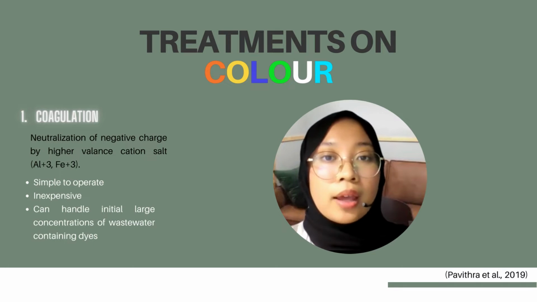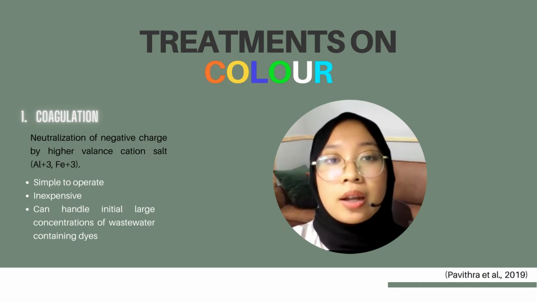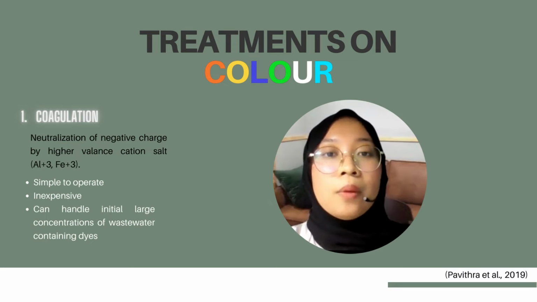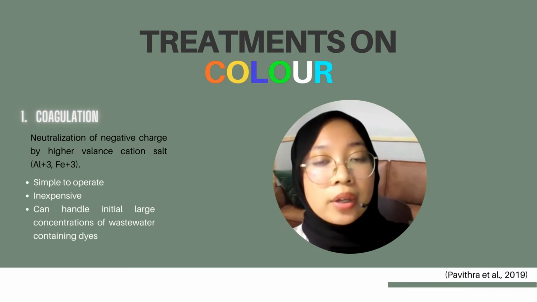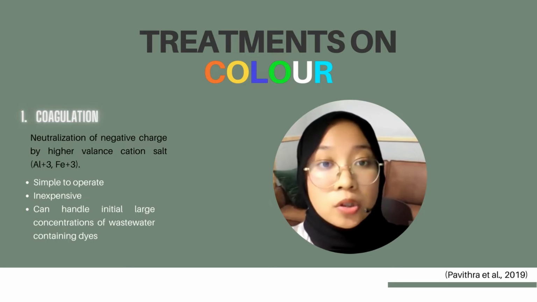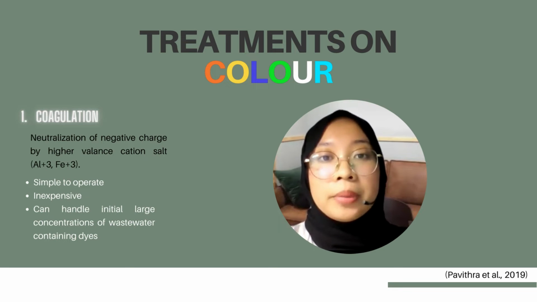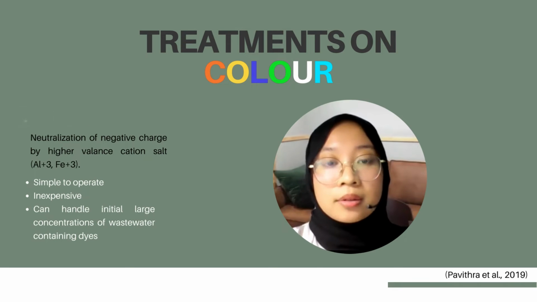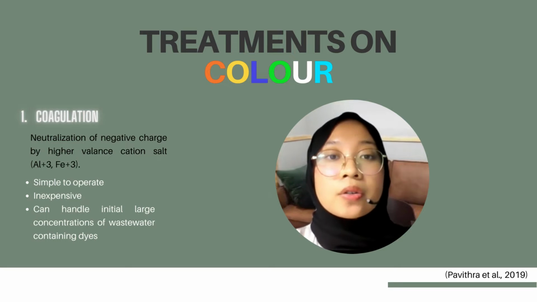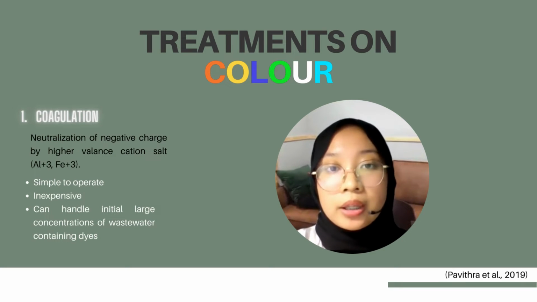So the coagulant additives or chemicals that are usually mentioned and utilized in journals include ferric chloride, ferrous sulfate, ferric sulfate, alum, lime, and also polymers, or even a combination of these chemicals. This process is simple, inexpensive, and can handle large concentrations of wastewater containing dyes.